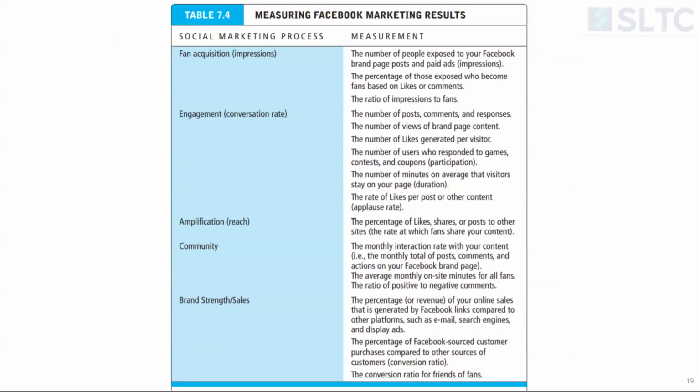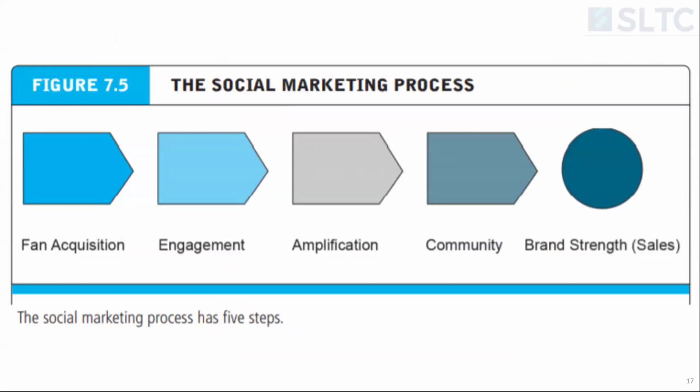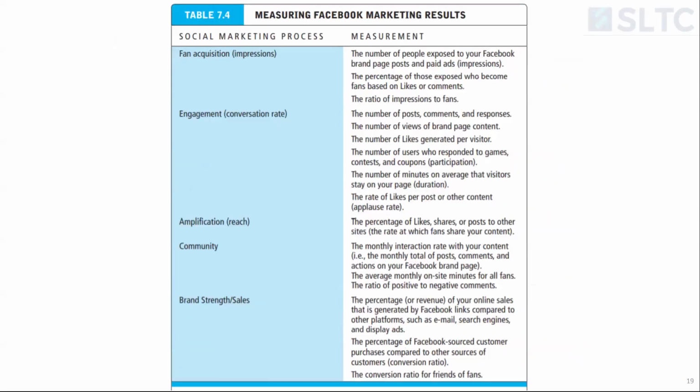All right. Now, of all these things, we also need to figure out, are we doing it right? Now, this is where measurements come into the picture. Measuring. We also use the term KPI, Key Performance Indicator. So, if you look at Facebook, in general terms, we can look at number of impressions.